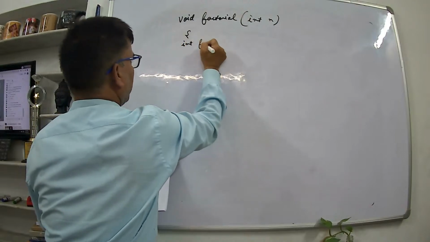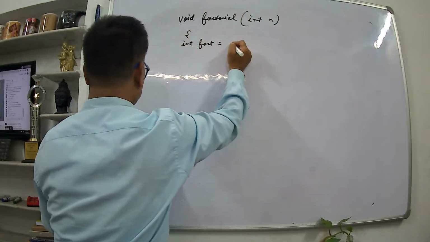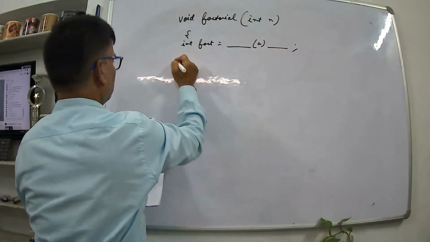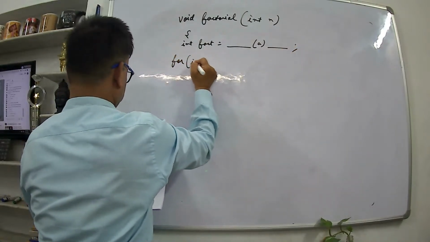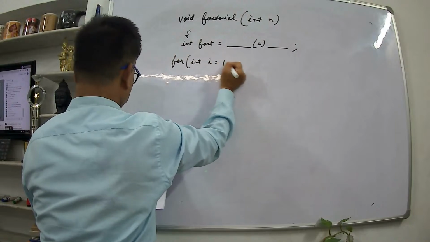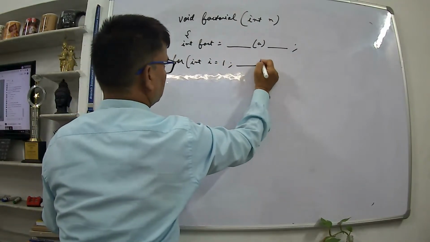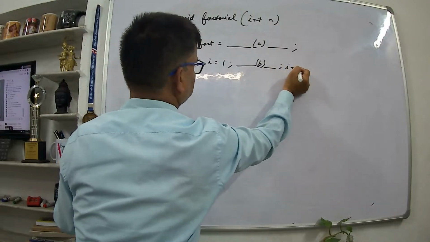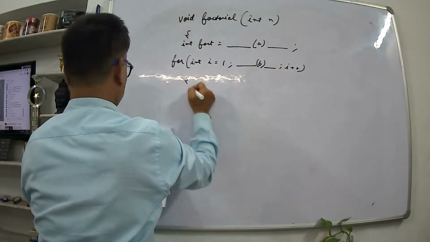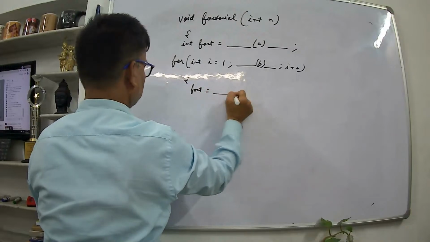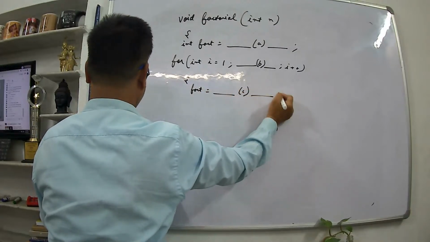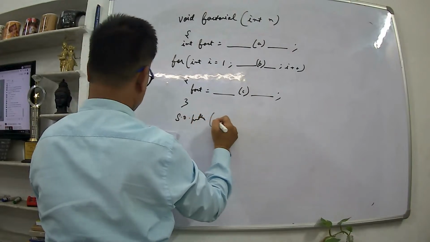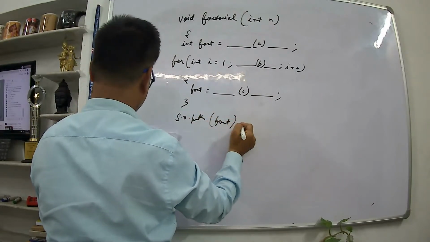Int fact is equal to, for int i equal to 1, i plus plus, fact is equal to, system dot out dot println fact.